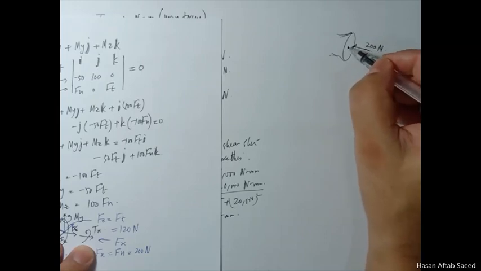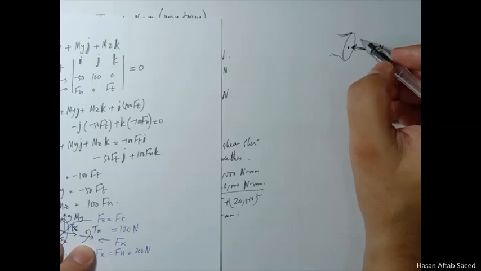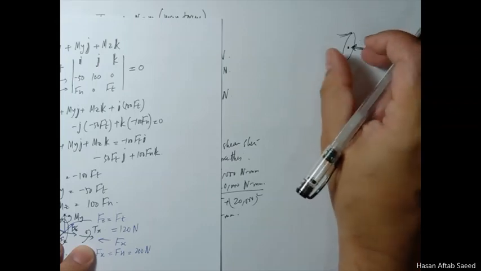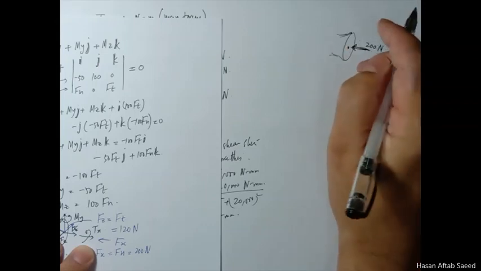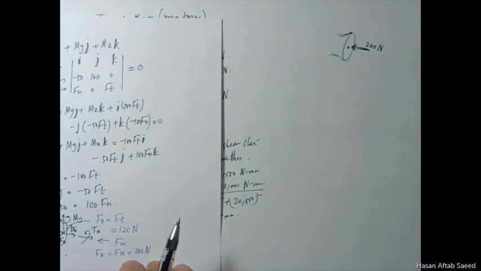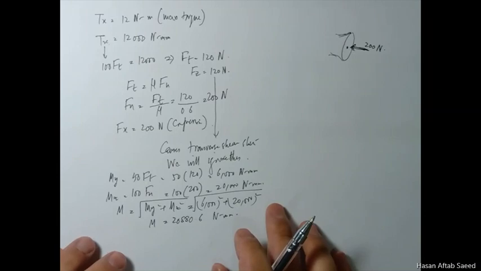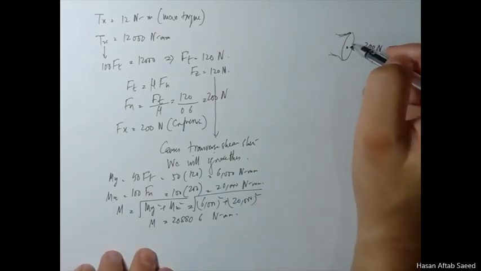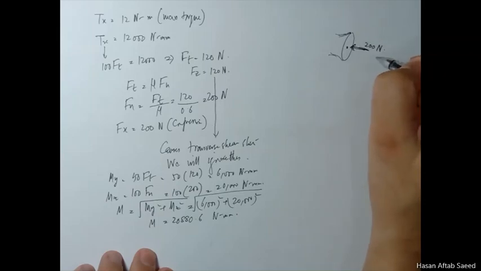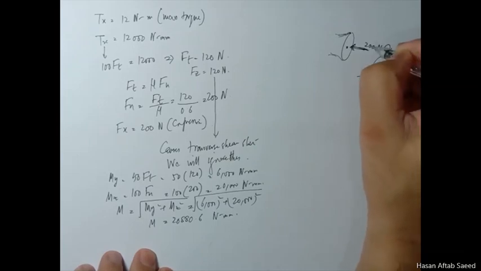There's also a transverse force here, Fz, but we are going to neglect it because this causes compression, that causes transverse shear. But because we are dealing with torque, as compared to that, we are assuming that the transverse shear will be a small quantity. And then you have a torque here, and the torque is 12,000 newton millimeter.